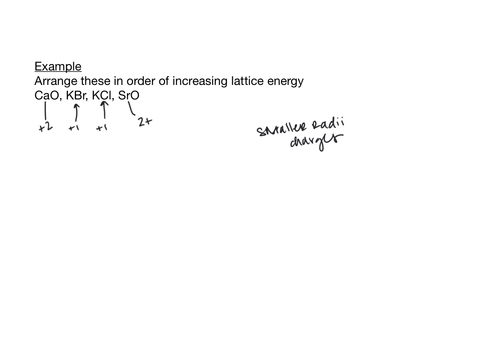Calcium oxide is going to be the largest lattice energy, followed by strontium oxide, followed by KCl, followed by KBr. And so you rank these in terms of the radii and the charges of the ions. The smaller the radius, the larger the lattice energy is, because E is equal to K Q1 Q2 over R.